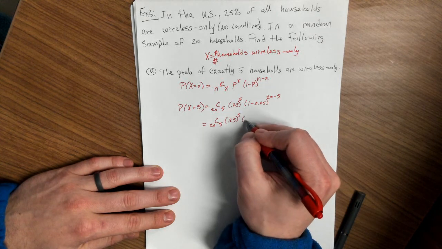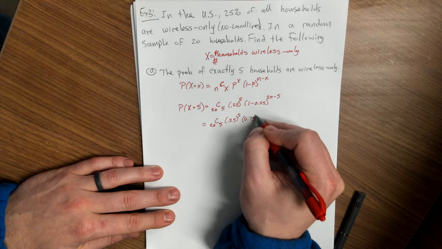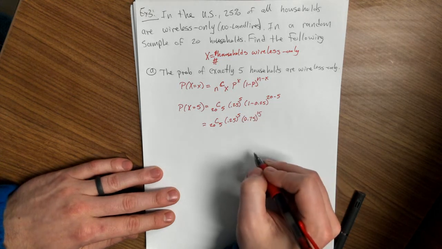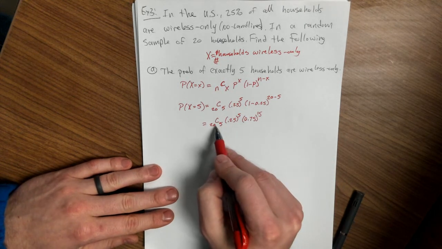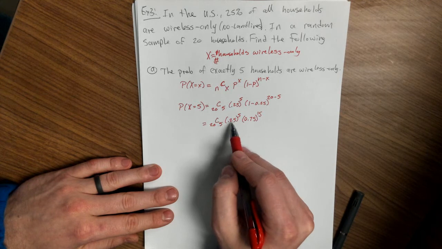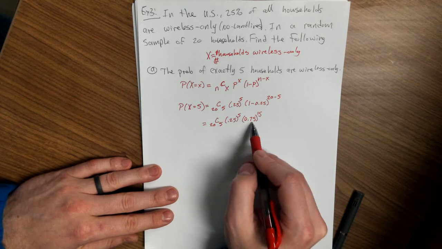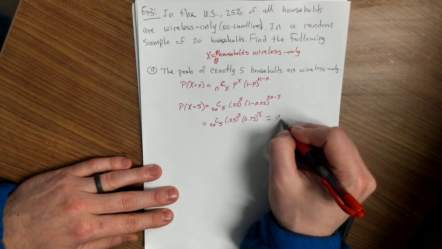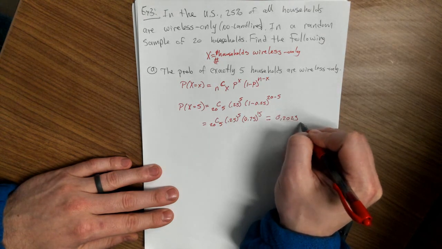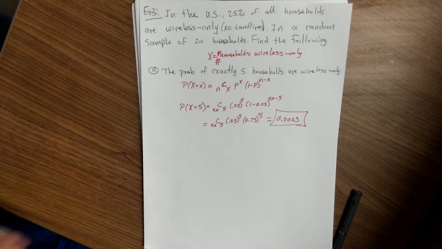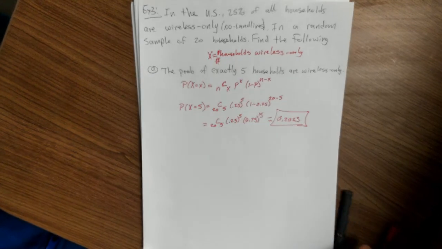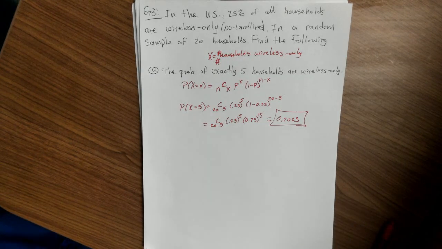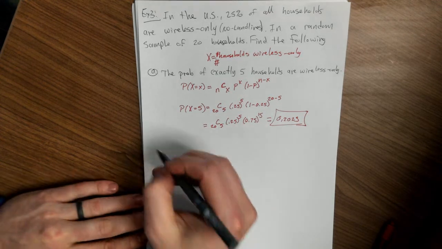And here we have 0.75 raised to the 15th power. So do the combination first, then multiply this, 0.25 to the 5th, and then multiply this, and you will get 0.2023, or 20% roughly. That's the probability of exactly 5 households, is 20%. Alright, let's keep going.